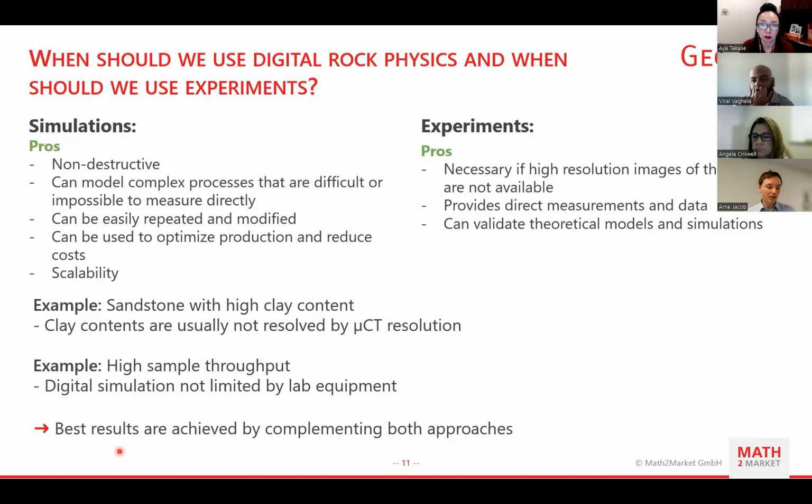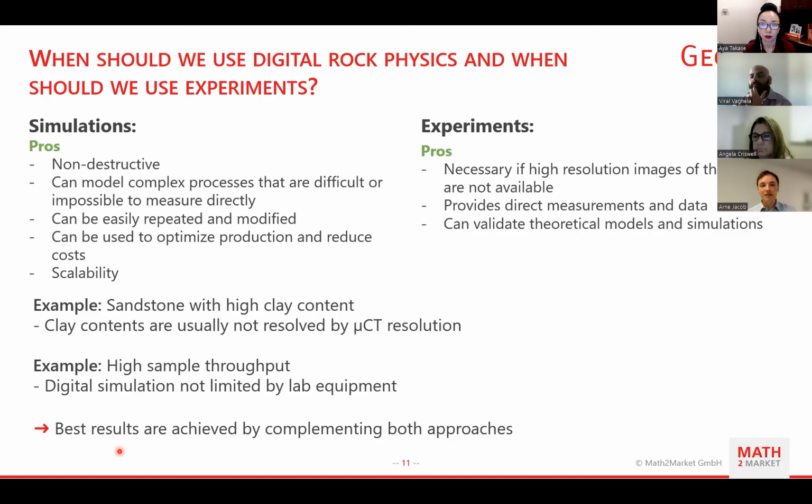There is a good publication from Mita Sengupta from Aramco Americas. They were conducting FIB-SEM measurements on, I think, some organic matter within a structure, and they executed some elasticity measurements by simulations on those structures. And I think they were able to upscale that to match also experimental results.